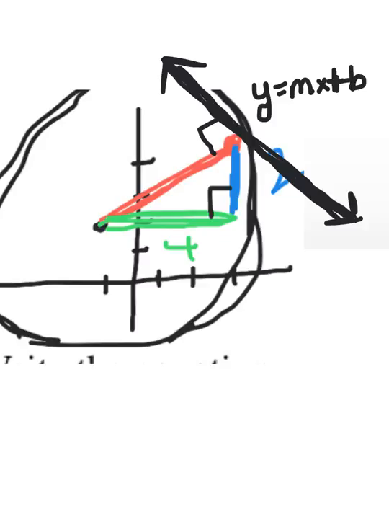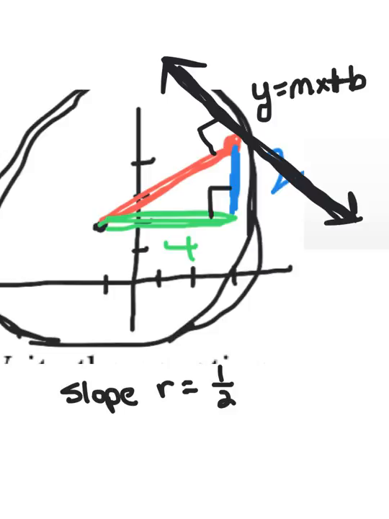So rise over run would be 2 over 4. So we know that the slope for our radius line right here is 1/2. Okay, so 2 over 4 is the same thing as 1/2.